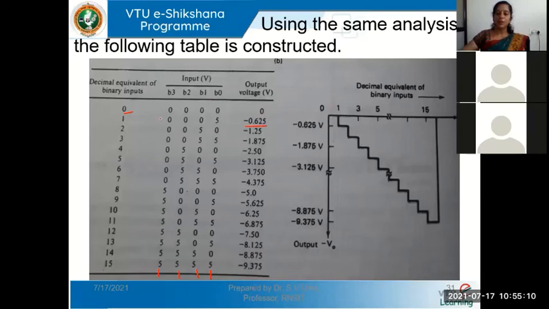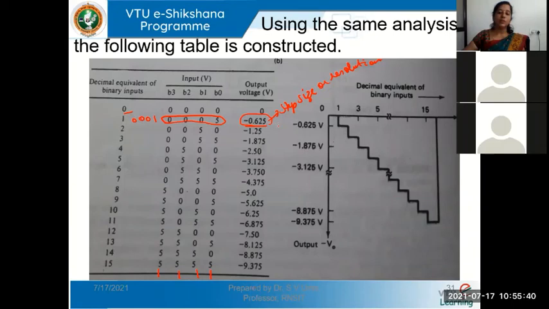You see, for the lowest input, what is the minimum input after 0? It is 0001. For this input, whatever the output voltage is, that will correspond to the step size or resolution. Okay, and you can see that if the step size is minus 0.625, the second step will be 2 times this value.